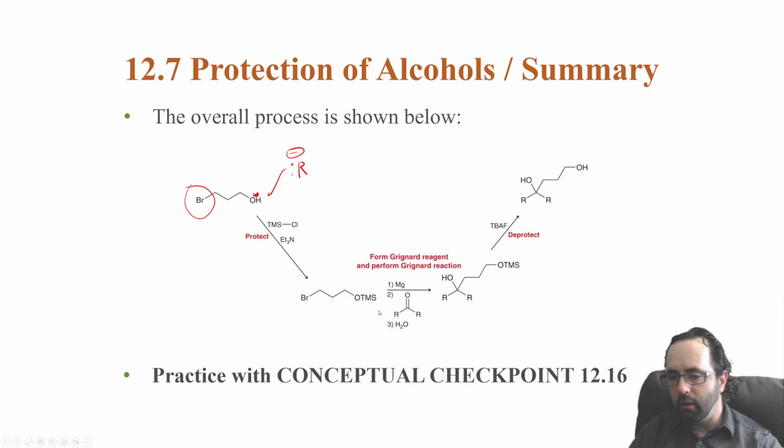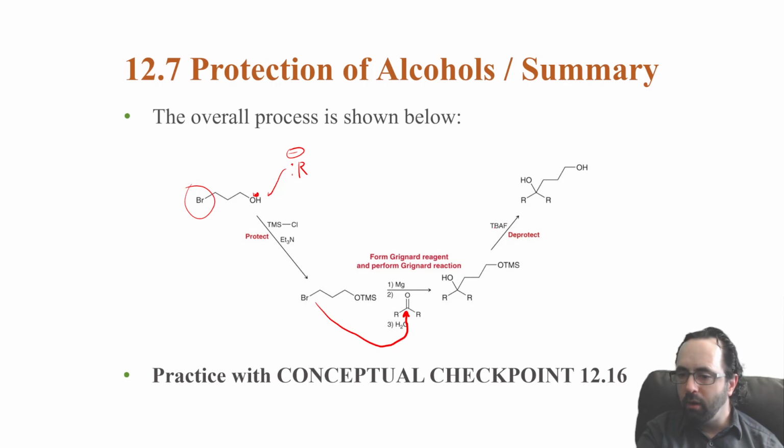So we'd create a Grignard on this, we'd react with the carbonyl, and now this carbonyl here turns into an alcohol, and we have the whole group that we meant to nucleophilically attack here. So this turns into the carbanion here, and a nucleophilic attack occurs right in here.